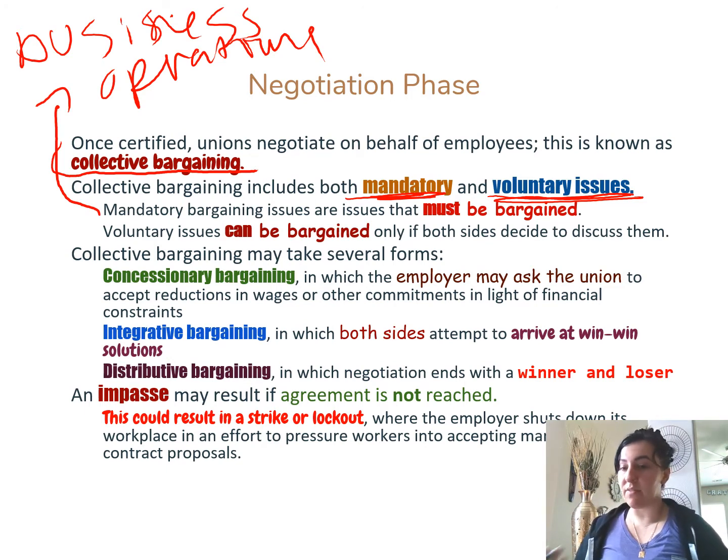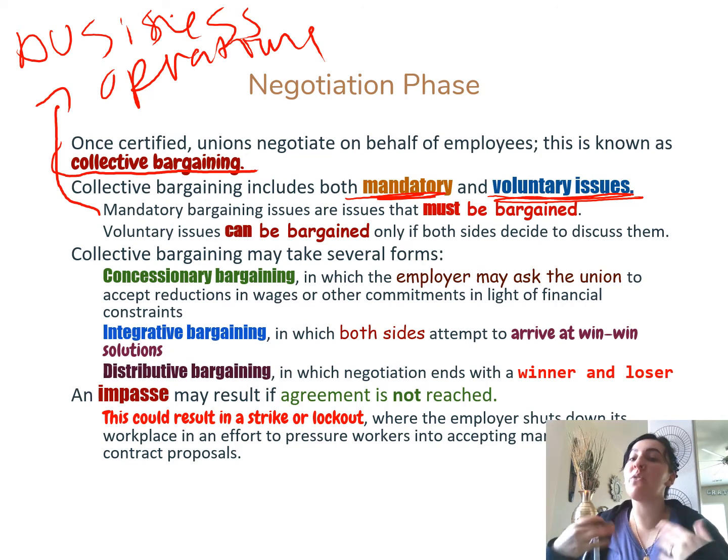Some examples of a mandatory issue could be wages, safety regulations, things like that. Things that have to be discussed because they're critical for the business to even work.